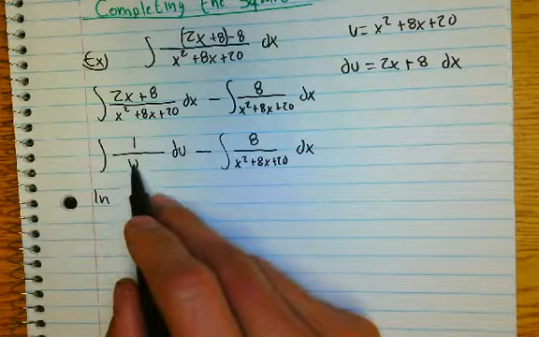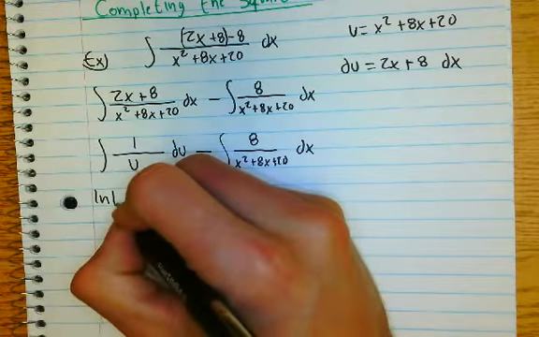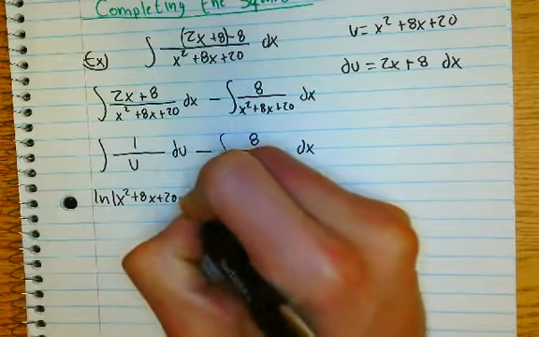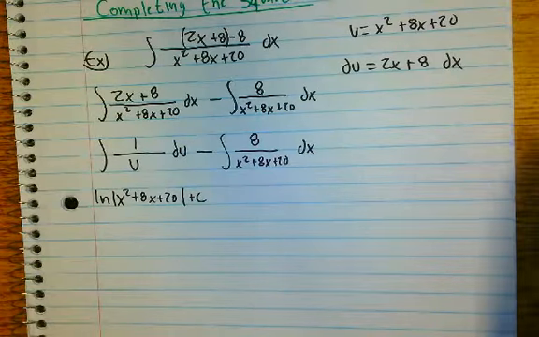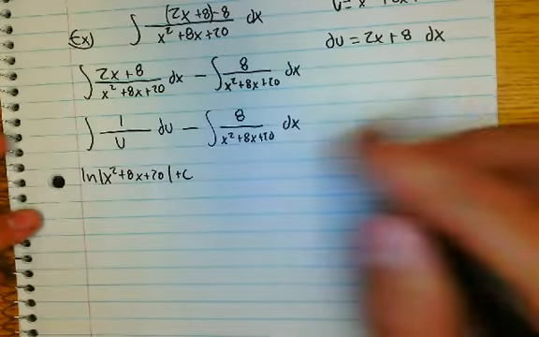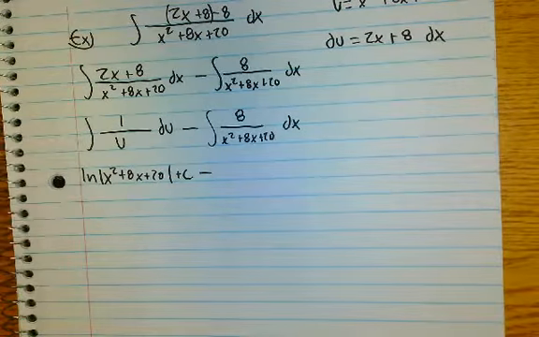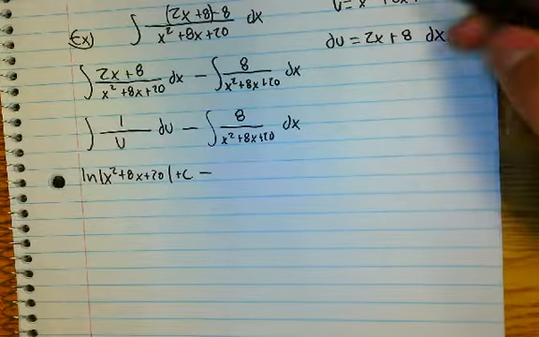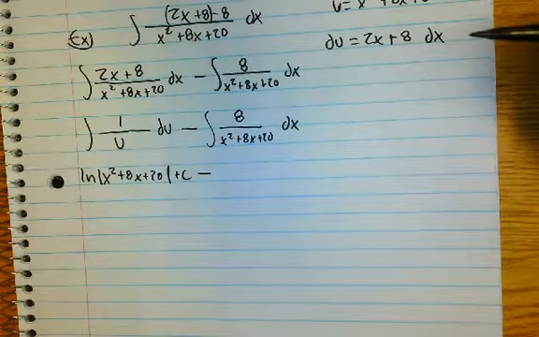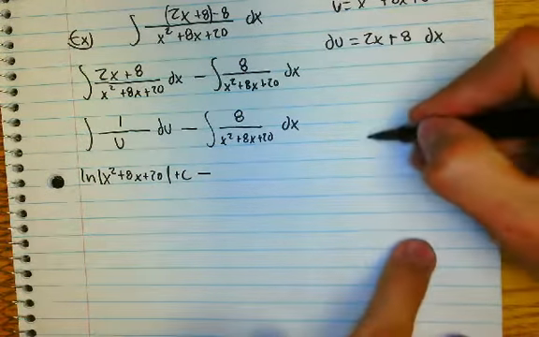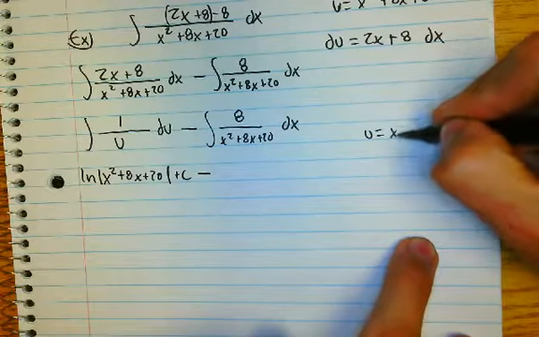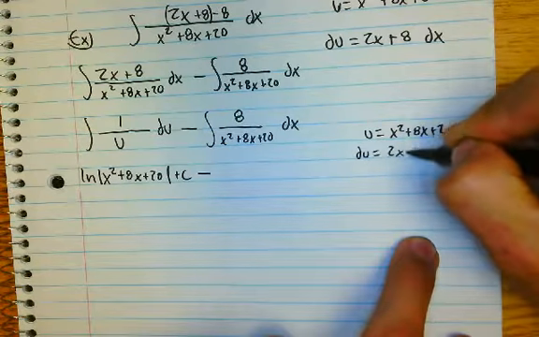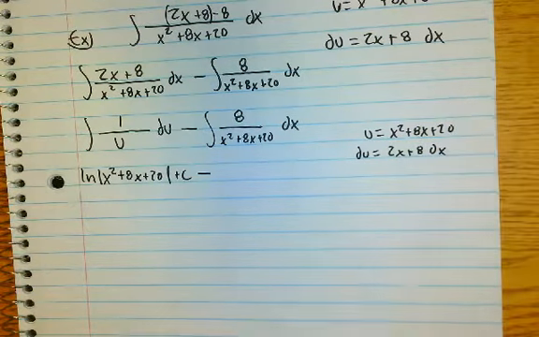Well, to save some space, I'm going to go ahead and replace u. Well, I know that u is the absolute value of x squared plus 8x plus 20 plus some constant, right? And eventually I'm going to have to subtract whatever happens here. Well, I look at this thing and I'm like, okay, we had said how I wanted u to be x squared plus 8x plus 20, we said that du was 2x plus 8 dx.